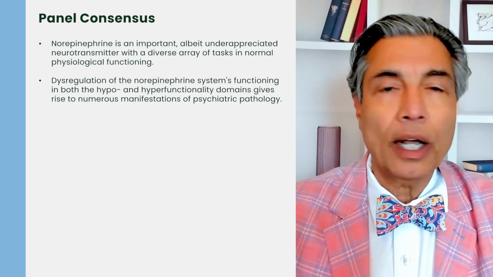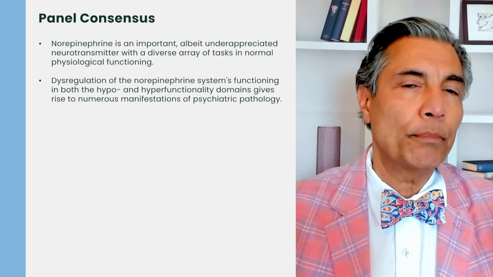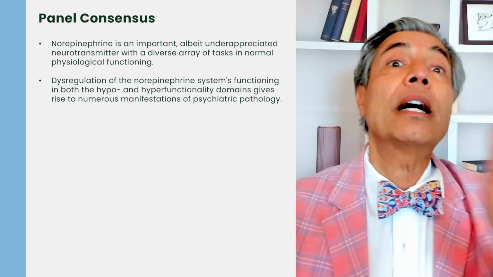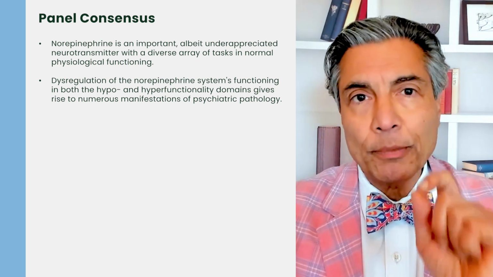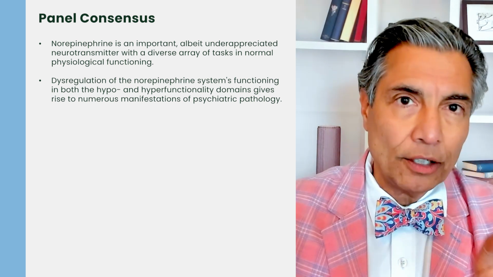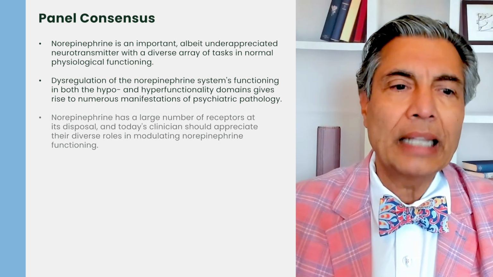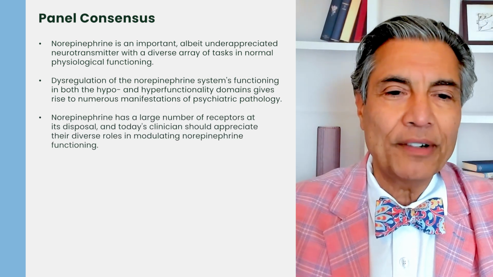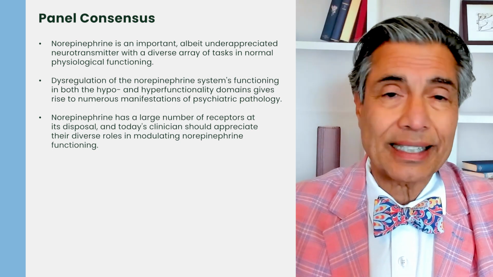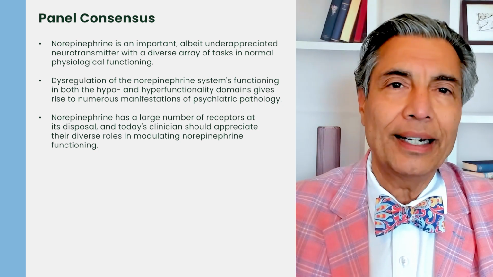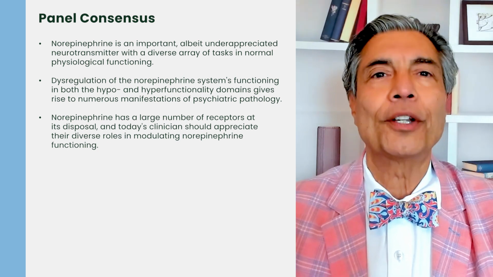Our goal is not to take someone who's hypofunctioning and push them into hyper or the other way around. Our goal is optimization. Optimization always means neither too little nor too much. And then, of course, finally, norepinephrine has a large number of receptors at its disposal with different tasks, different jobs to do, and it is our job as clinicians to get to know them.